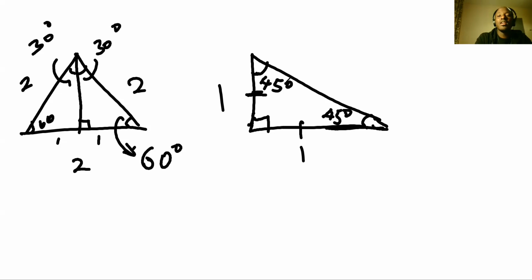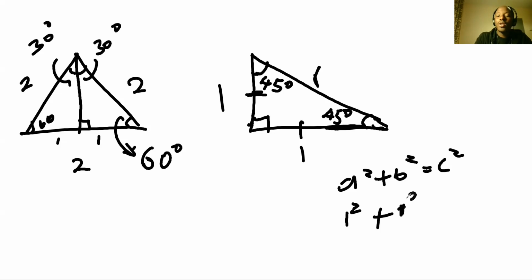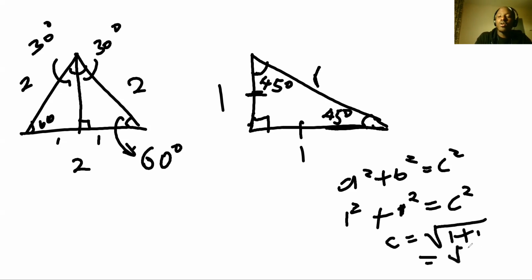So this side, of course, by Pythagoras theorem, we know Pythagoras theorem said a squared plus b squared is equals to c squared. So our a squared is 1 squared plus 1 squared is equals to c squared. So c will be the square root of 1 plus 1, which is the square root of 2. So this is the square root of 2.